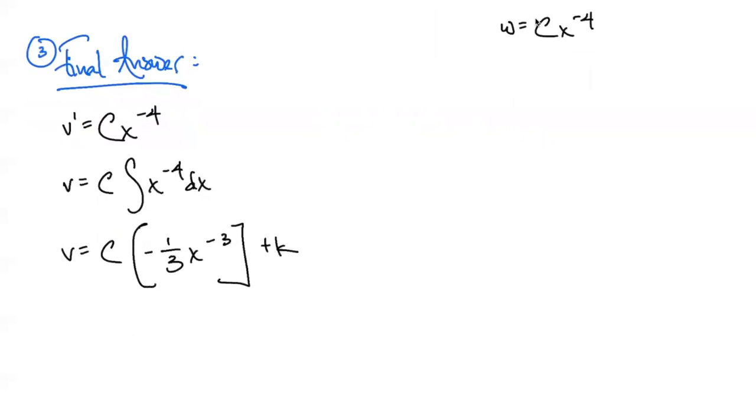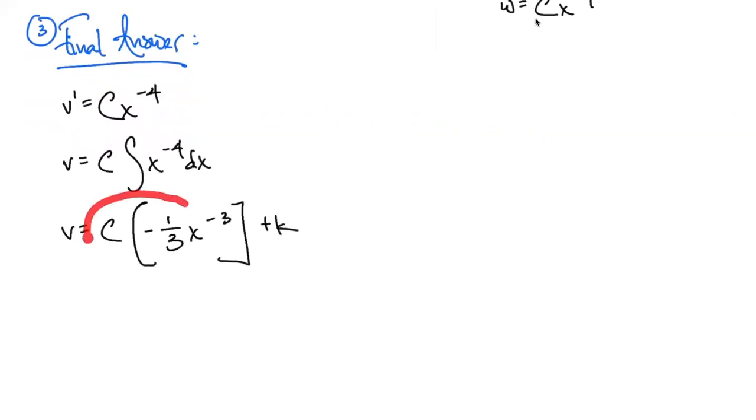All right, so we're seeing this structure again. The C and the negative 1/3, those we can clump together as a constant. I think that makes sense in our brain. We also compensate for this plus k by grouping them all together and just saying I have a new coefficient of k, or C, and then x to the negative 3.